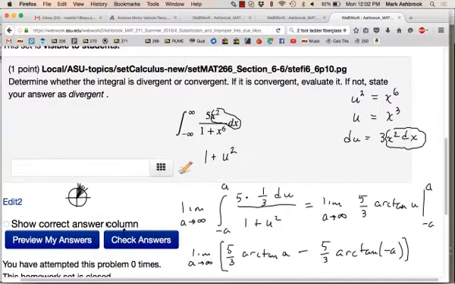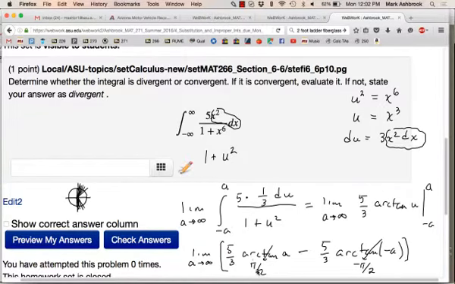As we let that slope get super, super big, the angle, which is the output of arctangent, is going to be indistinguishable from pi over 2. So this is going to go to pi over 2. And then as a goes to positive infinity, this angle will get ultimately big negative. That's down here. The limit is negative pi over 2.